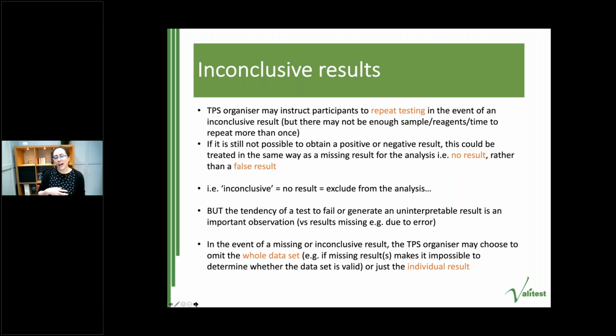And also, in the event of a missing result or an inconclusive result, the TPS organizer might decide to just ignore that result, so just exclude that result from the analysis. But certain results, if they're missing, make it impossible to tell whether the whole data set is valid, so the entire set of data for that test from that lab. And in that case, the TPS organizer might need to omit the whole data set rather than just the individual result.